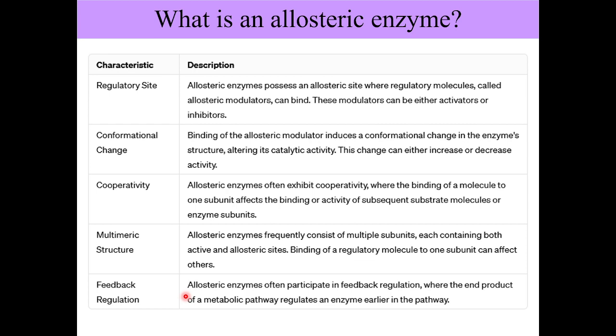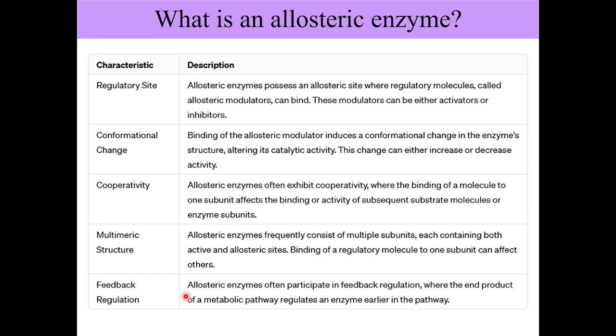Balance is a property of nature, and therefore in feedback regulation, let's say a lot of the substrate is getting converted into the product, then this product acts as an inhibitor, and it comes and inhibits the enzyme from further activity. So this is called product inhibition, and this is a kind of feedback regulation.